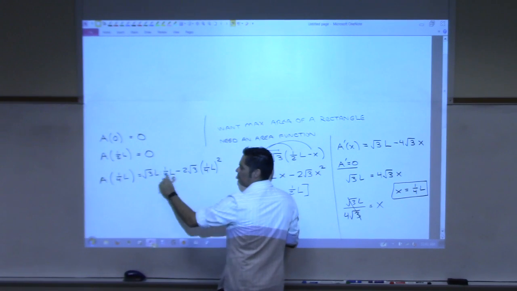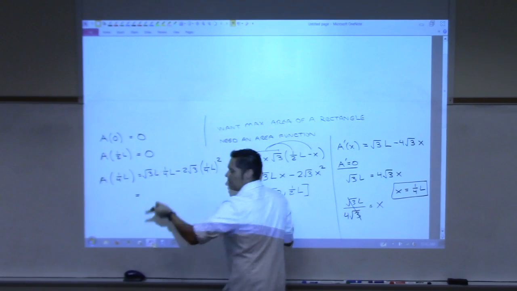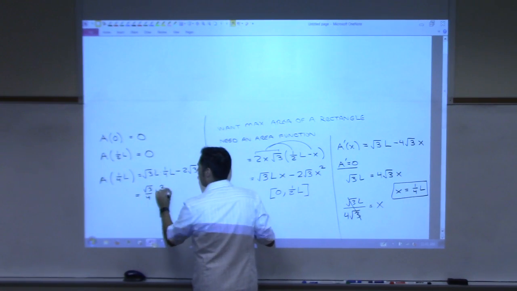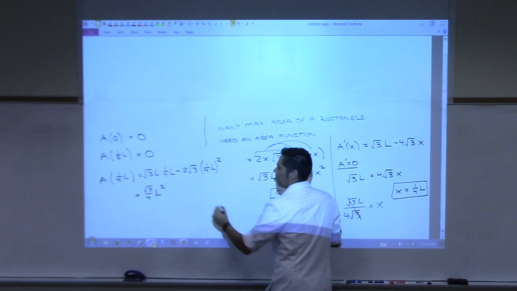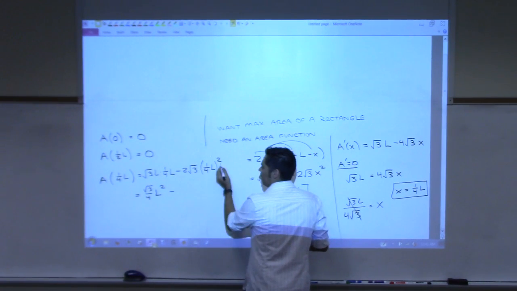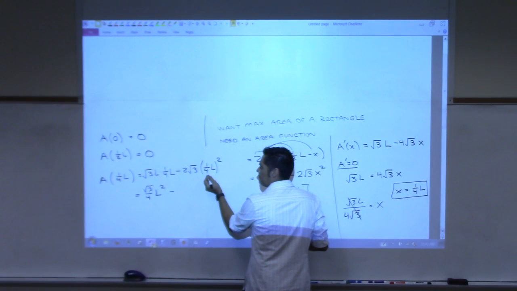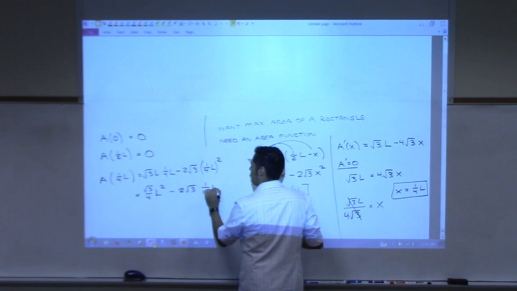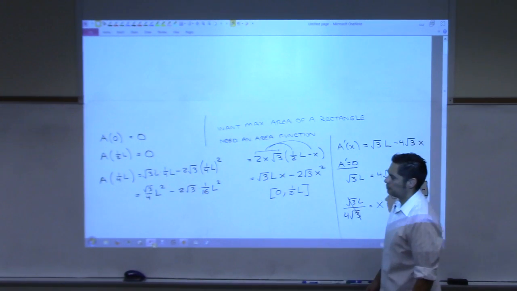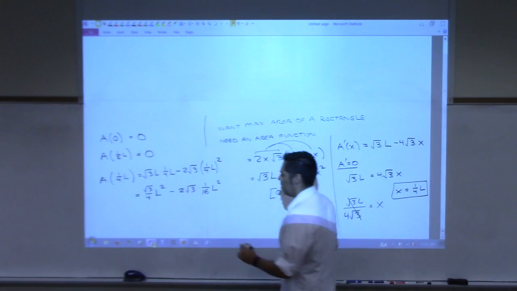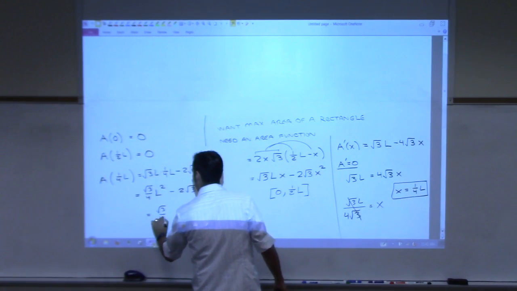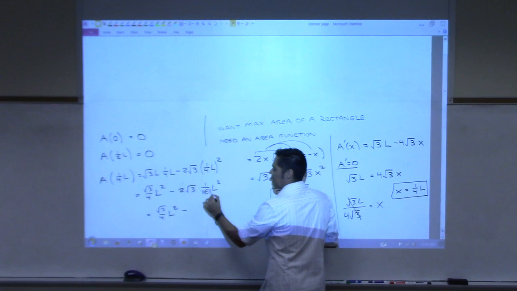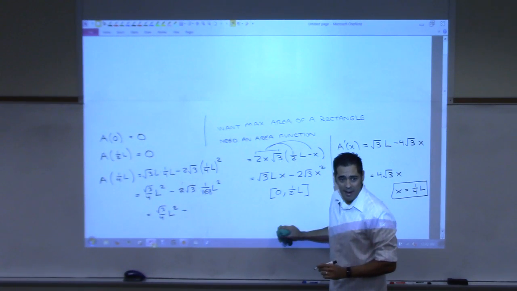The L's are on top, not on the bottom. So that's going to be root 3 over 4 L squared, minus, let's see what happens when you square the 1/4. 1/16 L squared. So you get root 3 over 4 L squared minus, this 2 becomes 1, that becomes an 8. So I'm thinking you're getting root 3 over 8 L squared.